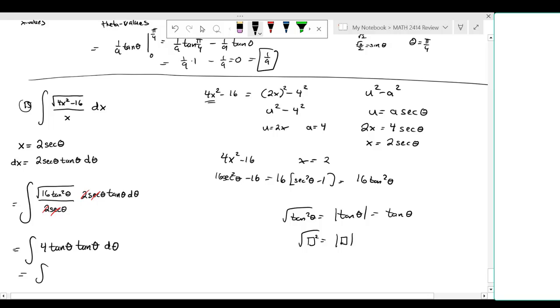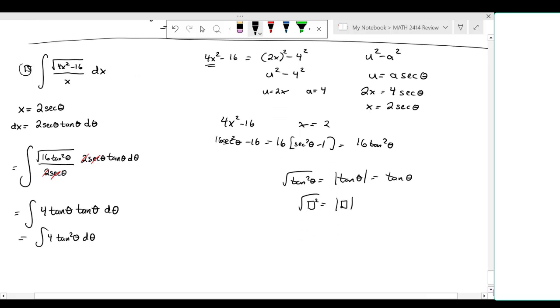And then we get our old friend here, tangent squared, which we said you can integrate by rewriting tangent squared as secant squared minus 1.